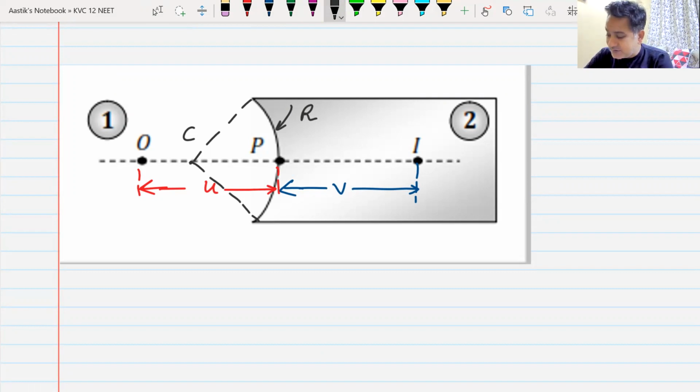Such a type of surface, you can call a concave surface. If the object is placed on this side, it is concave. If the object is placed on the other side, it might become convex. Do we understand this, everyone? Yes, sir. Can I have raised hands from everyone that we understand the sign convention? This is the most important thing of this chapter, the sign convention.